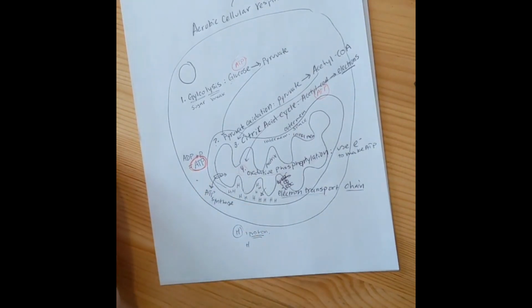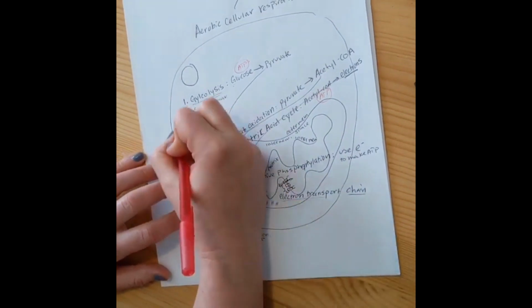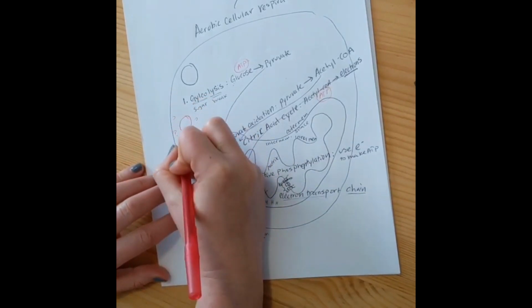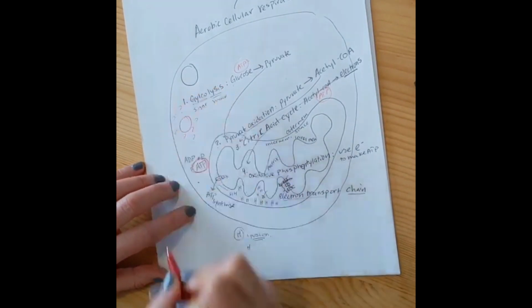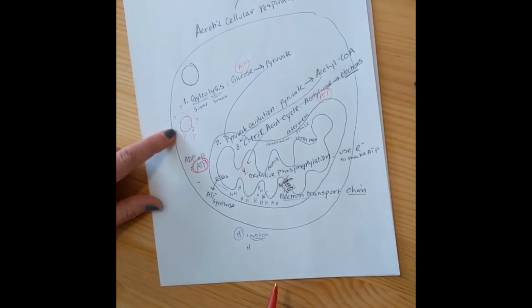Now there's something that we didn't add to this at all, and that is oxygen. Here's oxygen gas. And we never talked about what it is or why it's used or how come you need to breathe. I'm leaving it as a mystery because I think this is one of the coolest parts. We know that you need oxygen to survive.